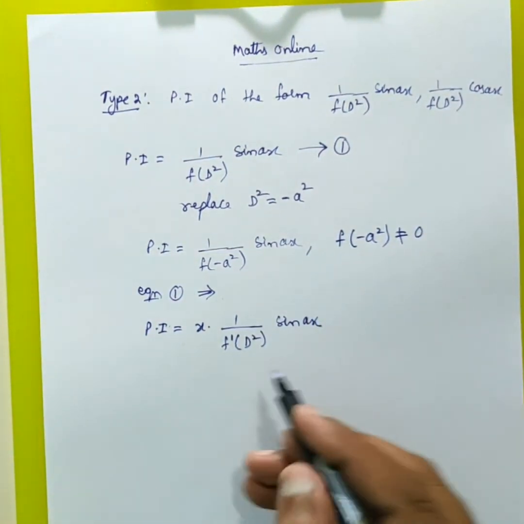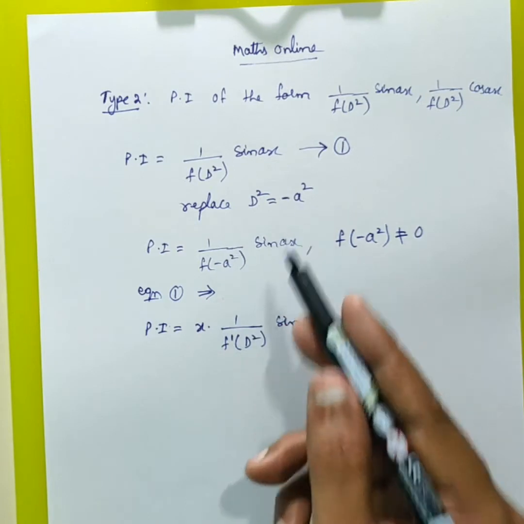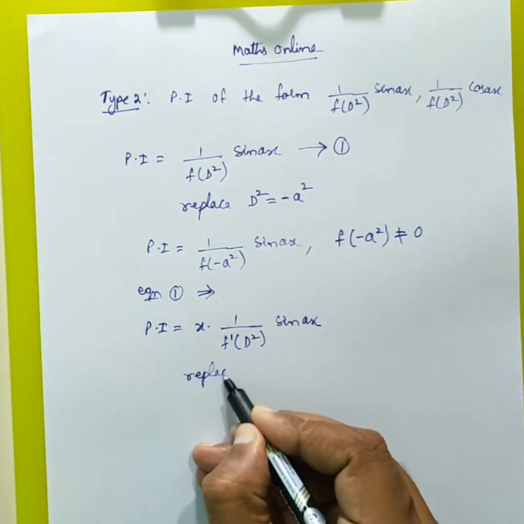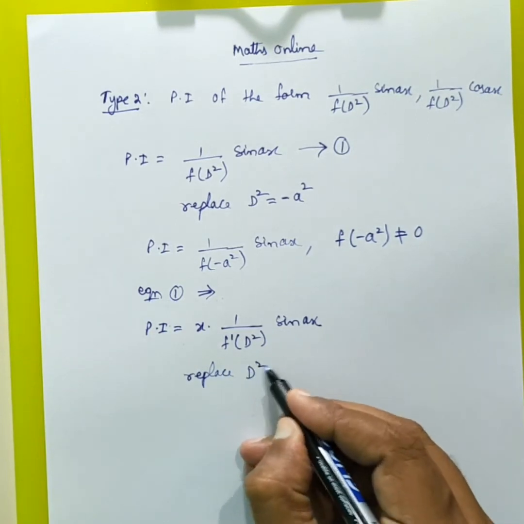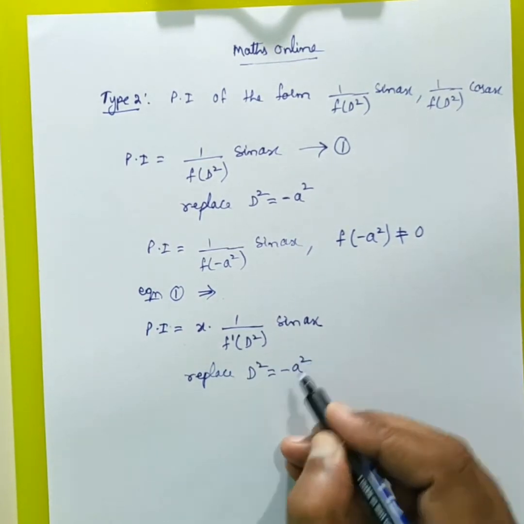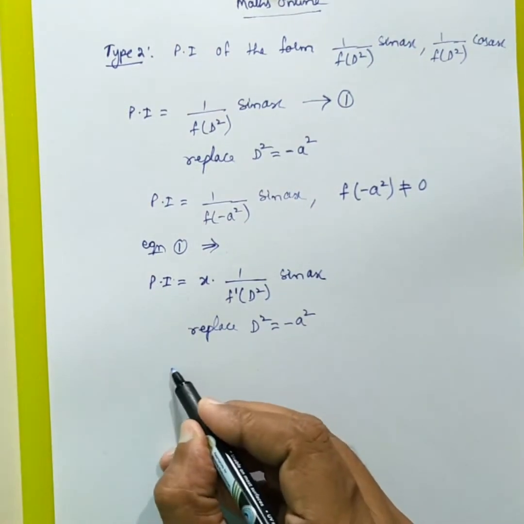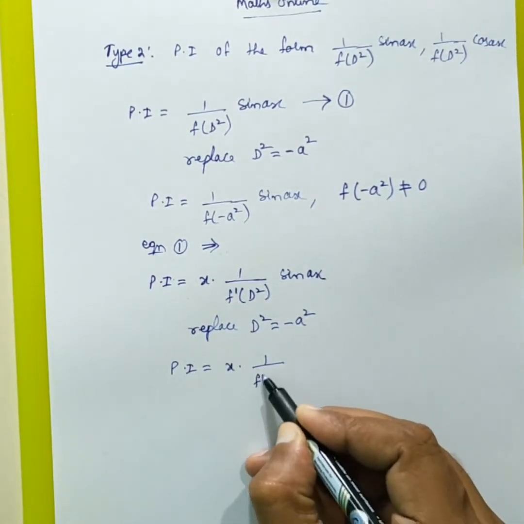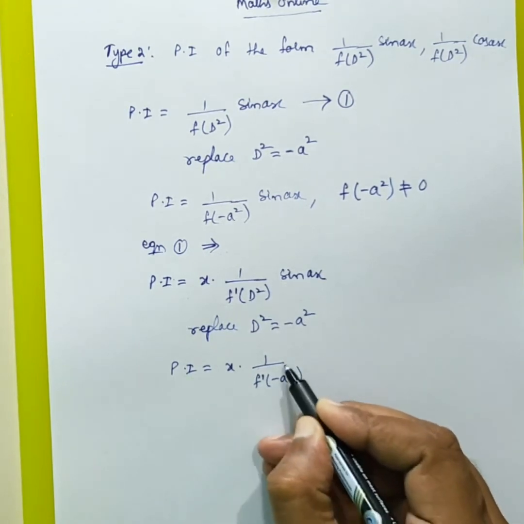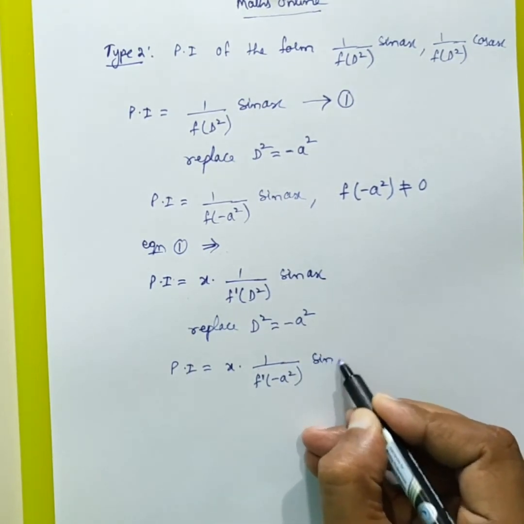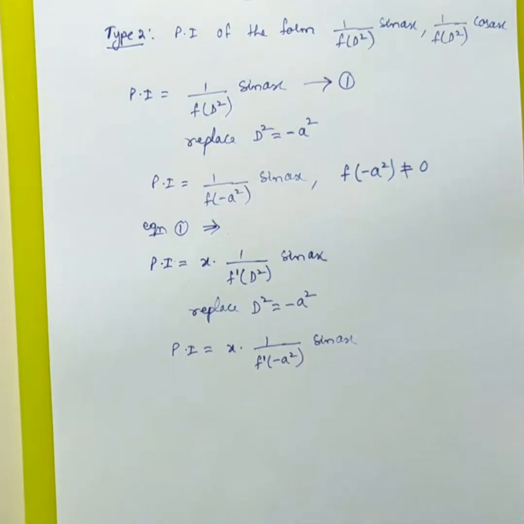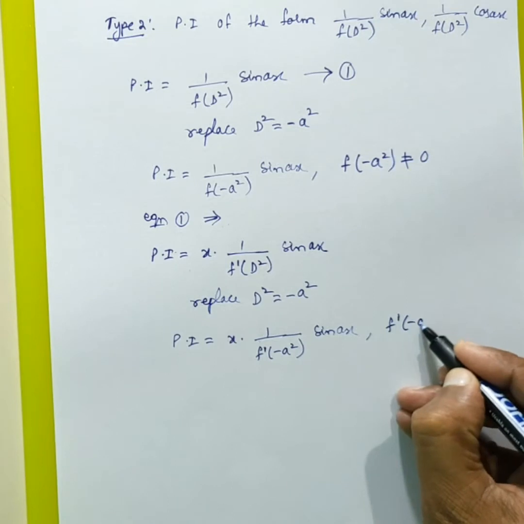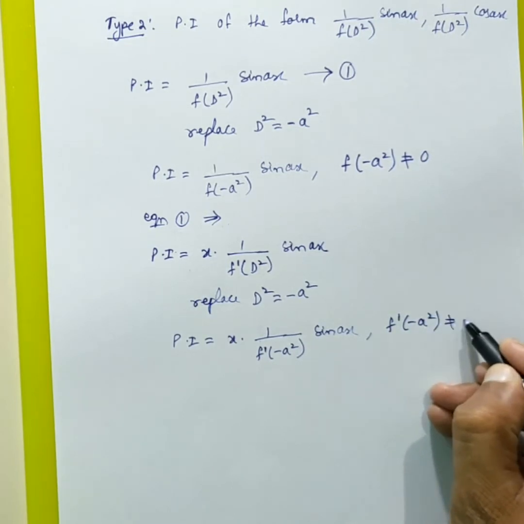Once again we replace D square by minus a square. So we get x into 1 by f dash of minus a square into sin ax, provided that this denominator is not equal to 0.